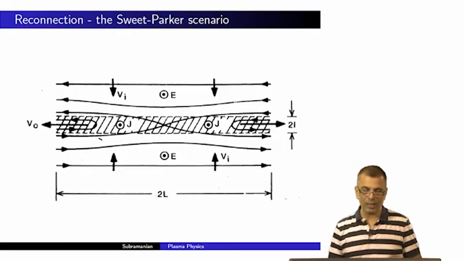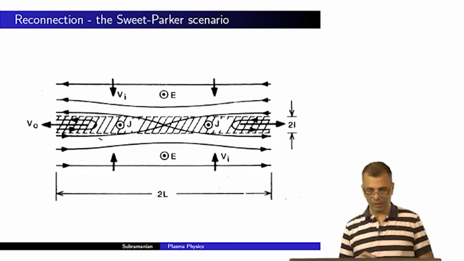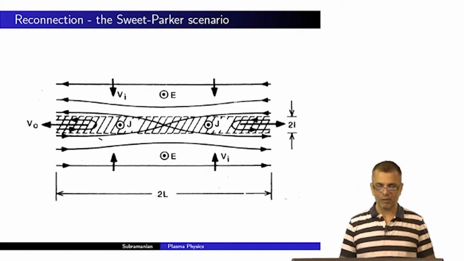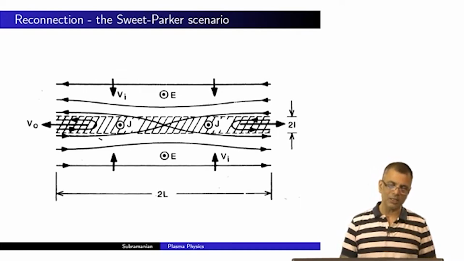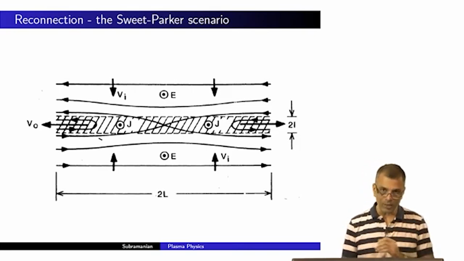Now we're back and let's delve into some more details of reconnection. Specifically, start thinking about something called the reconnection rate. In other words, the rate at which magnetic field, magnetic flux in particular, is annihilated.